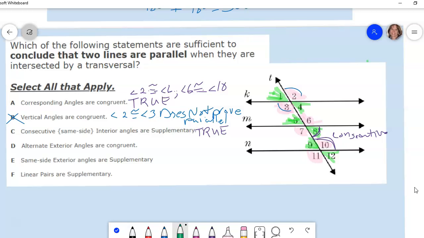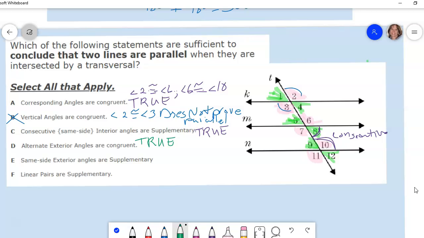The converse of that statement would be that if we have alternate exterior angles that are congruent, then the lines cut by a transversal must be parallel. So this statement is also true. It can be used to prove the two lines are parallel.